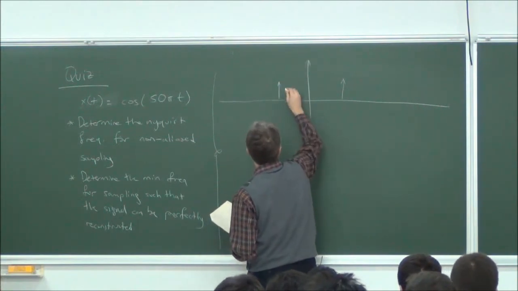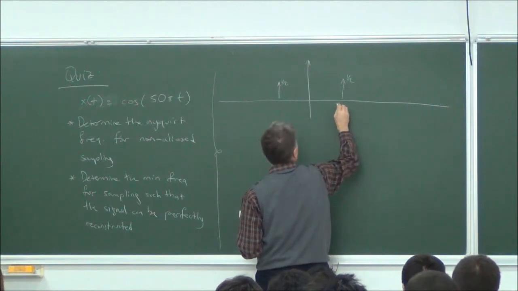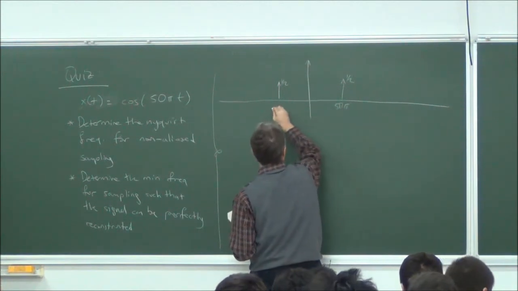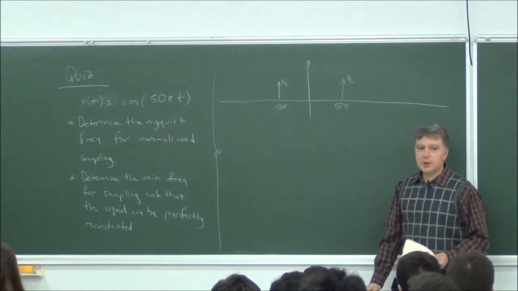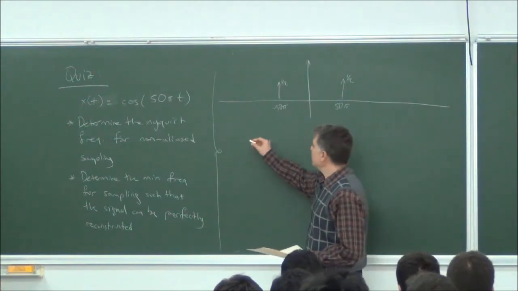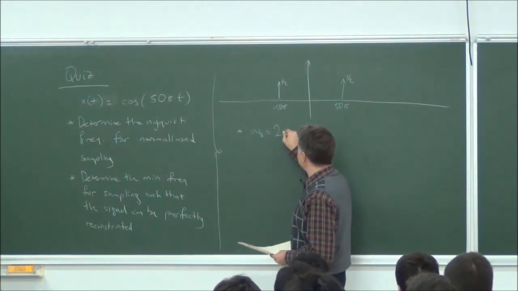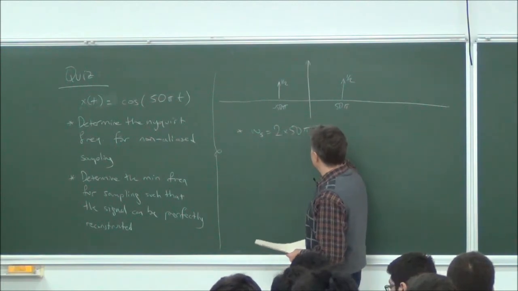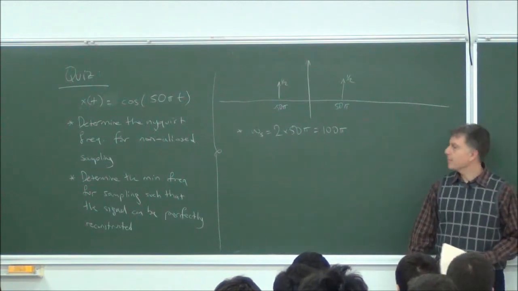Two impulses with magnitudes 1/2 and 1/2 each at 50 pi and minus 50 pi. Since the maximum frequency is 50 pi, the Nyquist frequency for non-alias sampling is omega s equal to twice of this, and that is 100 pi simply.